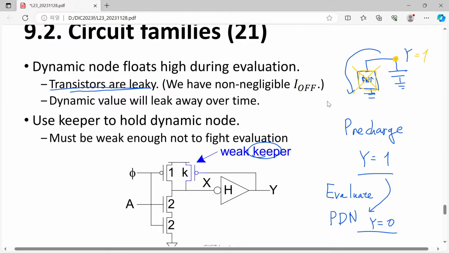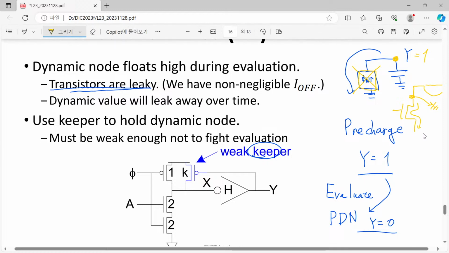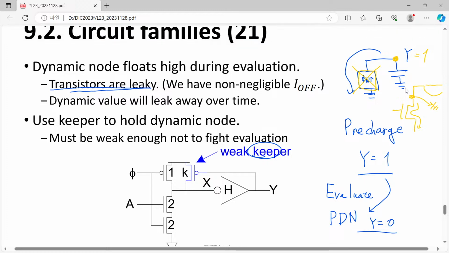We can have junction leakage, a direct path from drain to ground at this output node, sub-threshold leakage current, and many different ways to discharge it.